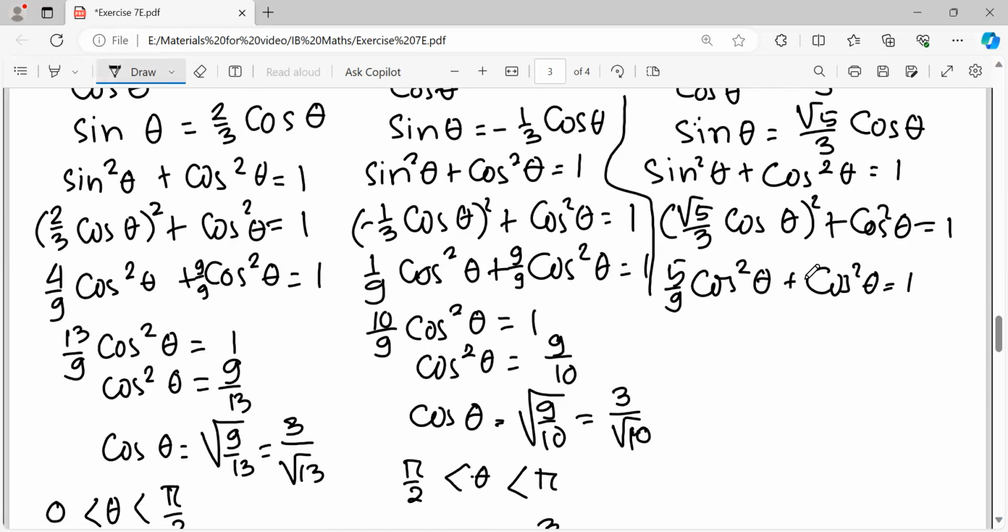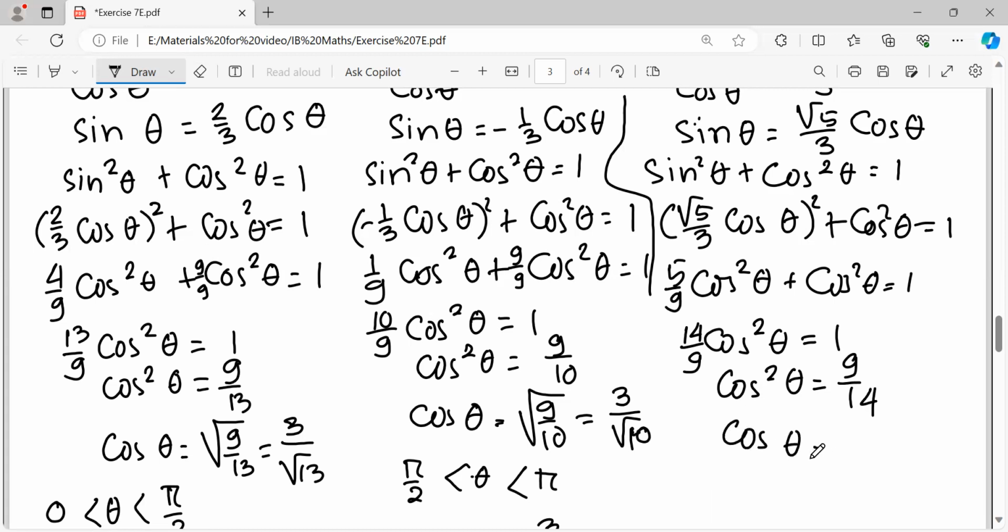And 9/9, it means 14/9 cosine squared theta equals 1. So cosine squared theta equals 9 over 14.